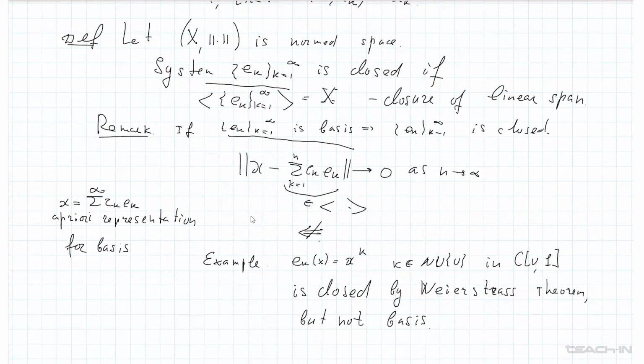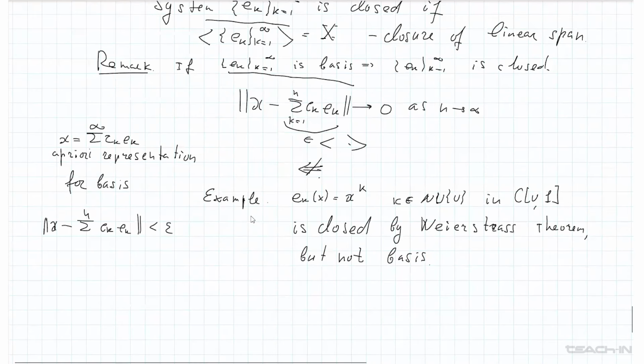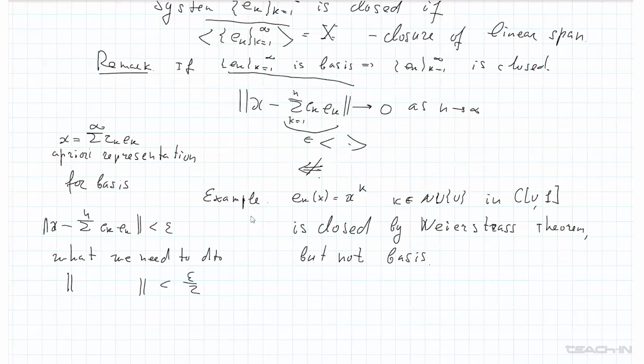If we have a basis and you obtain, for example, that the error is less than epsilon, we have an approximation of epsilon. What do we need to do to obtain, for example, epsilon over 2?